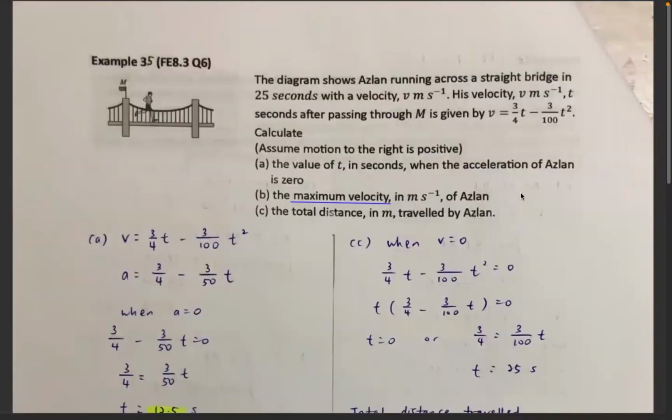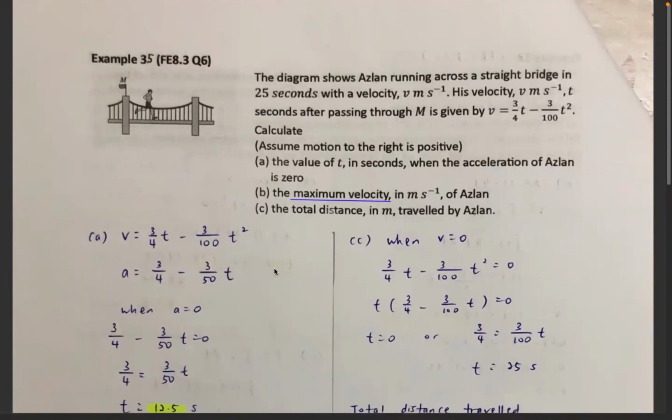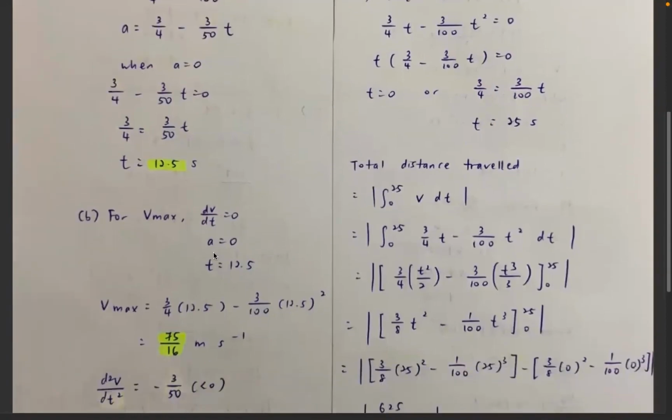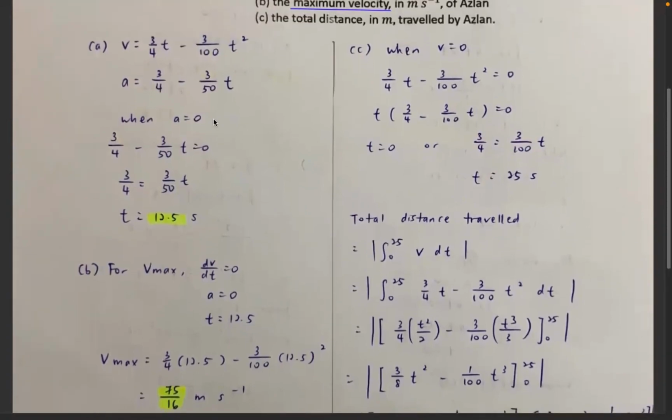B, calculate the maximum velocity of Aslan. For maximum velocity, dv/dt equals 0. So I write dv/dt is 0, and dv/dt is a, so a equals 0. Let's check from part A: we have already identified that when a equals 0, t equals 12.5. So that's why I state 12.5 here.